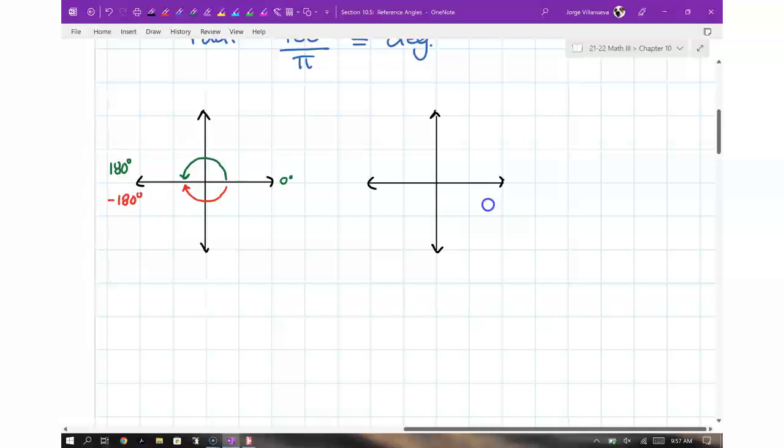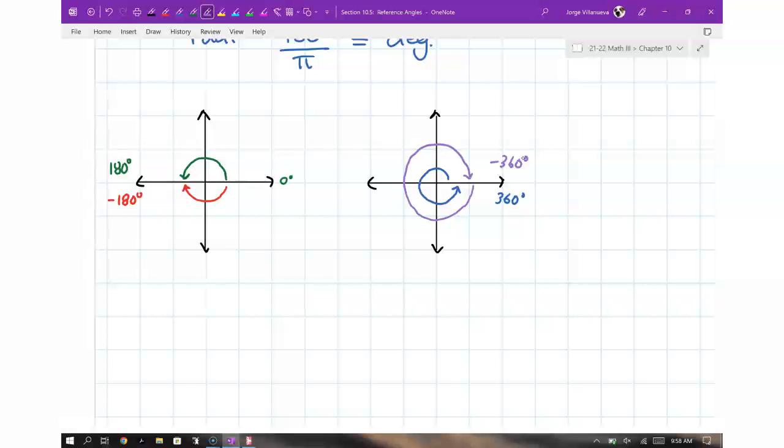And then, if they spin it all the way around, that's 360 degrees. But remember, they can also spin it the other way around, the whole way, and that's negative 360 degrees. So it just depends on which way they're spinning it. Counterclockwise is positive, so I'll write that down for us right here.